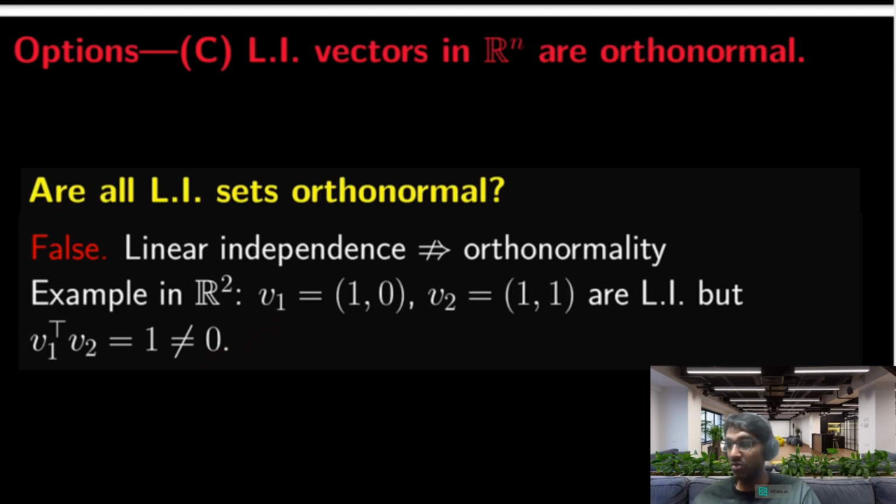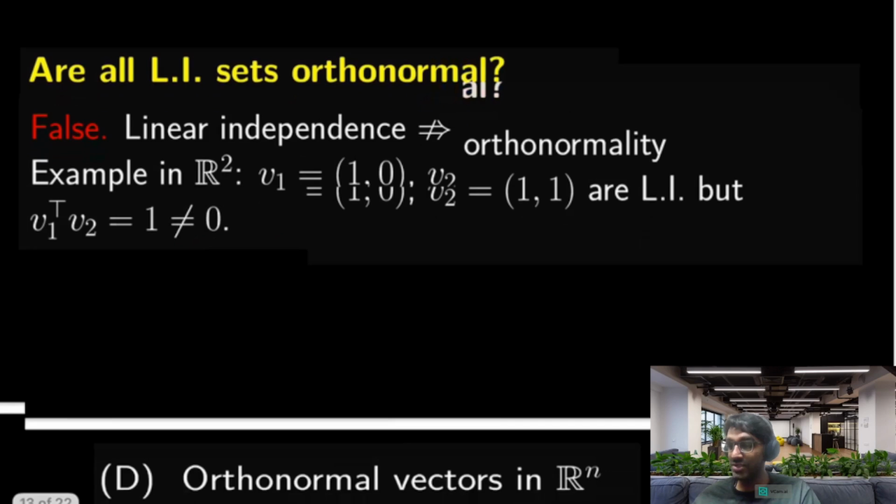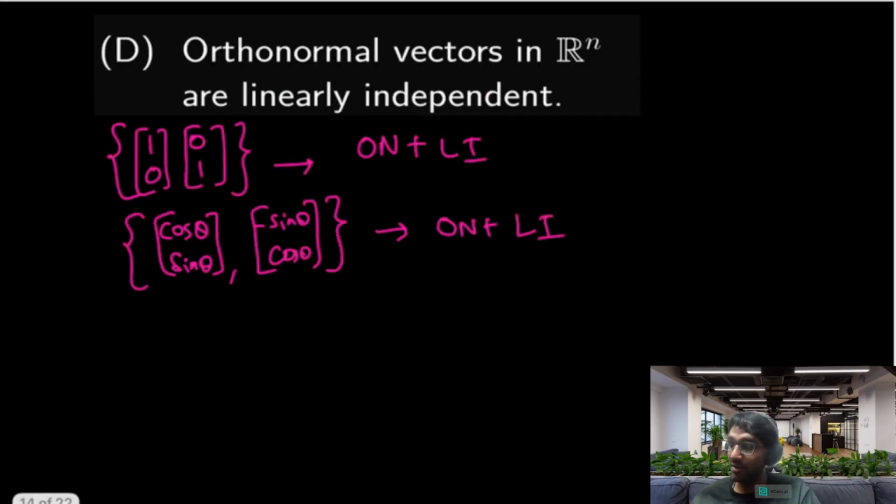Let's now go to the last option, which is that orthonormal vectors in Rn are linearly independent. Again, we start by the method of finding counterexamples. The statement means that all orthonormal vectors in Rn are also linearly independent.